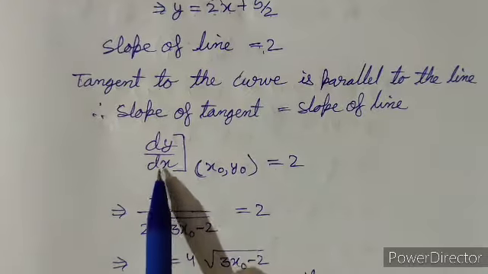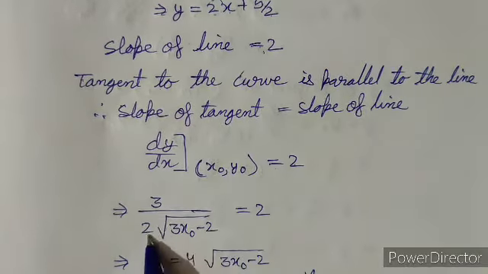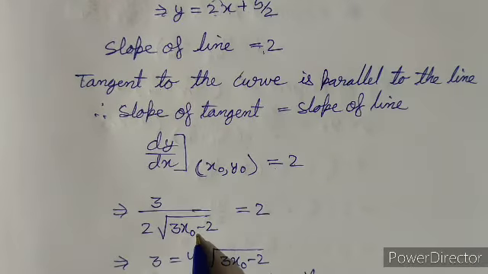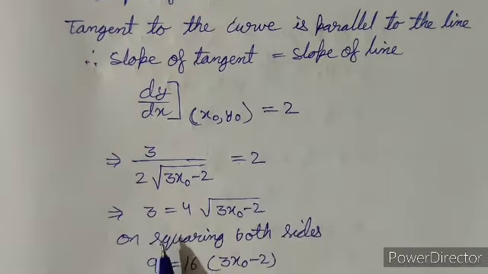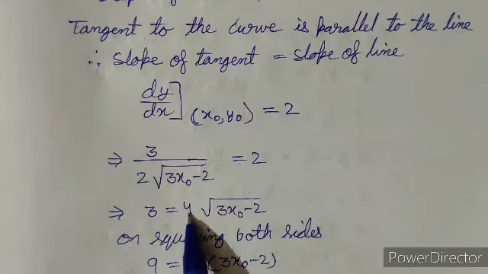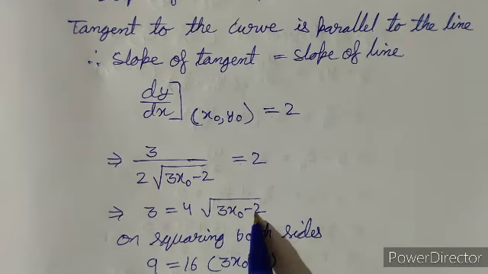Now dy by dx at x0, y0 was 3 upon 2 under root 3x0 minus 2, and that will be equal to 2. On cross multiplication, we will get 3 equal to 4 root 3x0 minus 2.